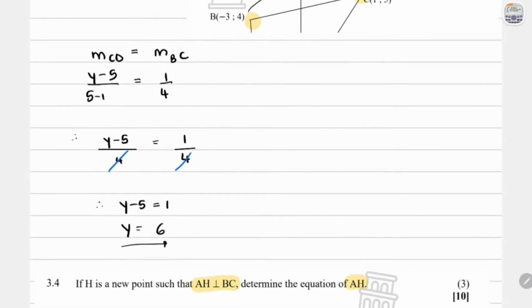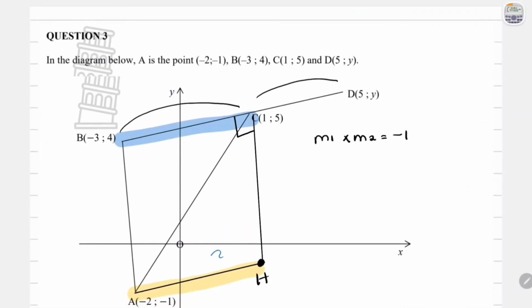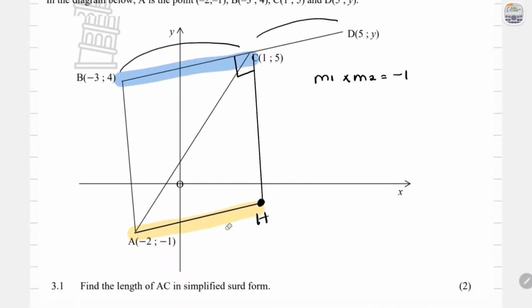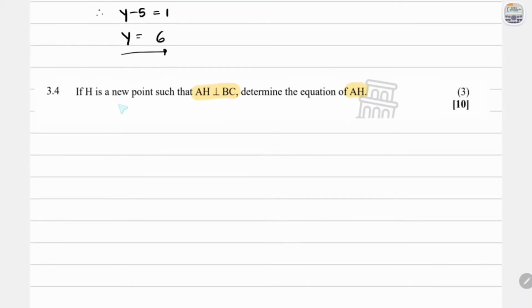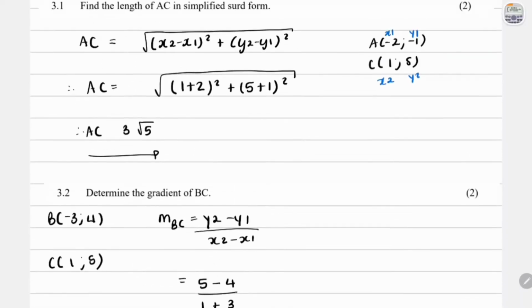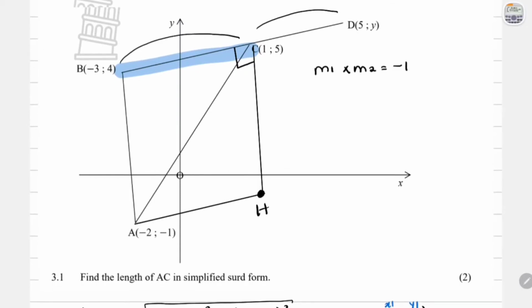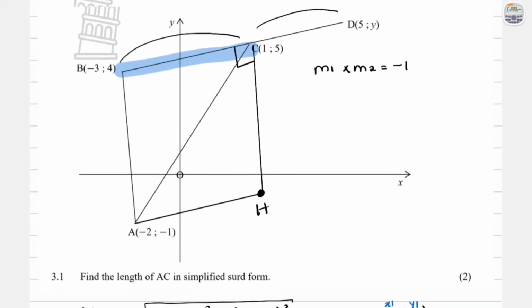So since these two lines are perpendicular, right? And I'm starting to realize that this does not make sense with the question that they put. They said if H is a new point such that AH is perpendicular to BC, you need to determine the equation of AH. So what they really just mean by that is it's really just the construction.